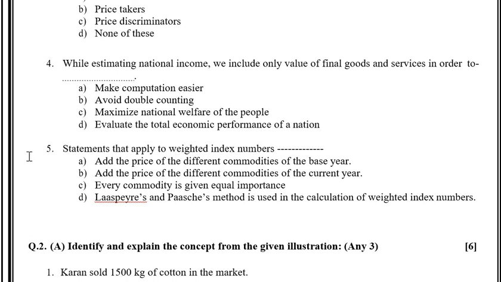Fifth one, statements that apply to weighted index numbers dash: A, add the price of the different commodities of the base year; B, add the price of the different commodities of the current year; C, every commodity is given equal importance; D, last year's and past method is used in the calculation of weighted index numbers.